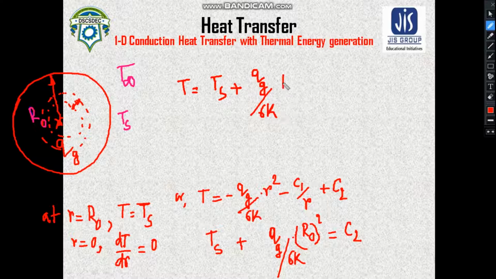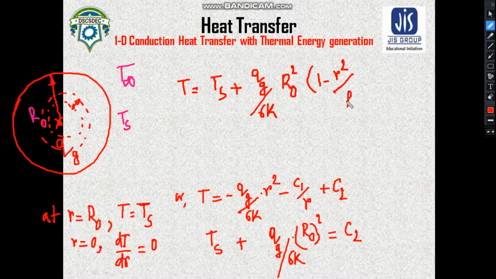I am doing in a single step here, please concentrate. It will be 1 minus r square by r0 square. Okay, that is the point I am trying to make here. So it would be like this. So this is our temperature distribution.